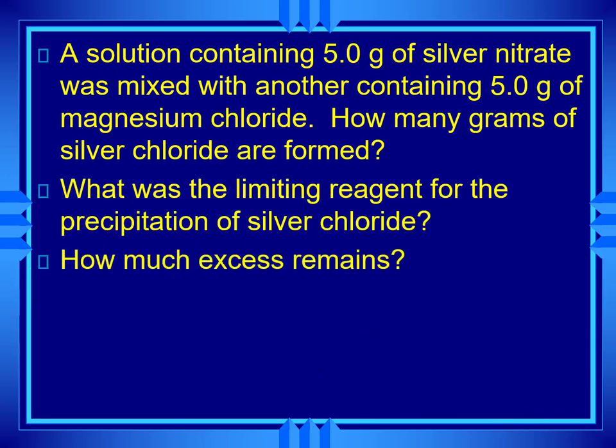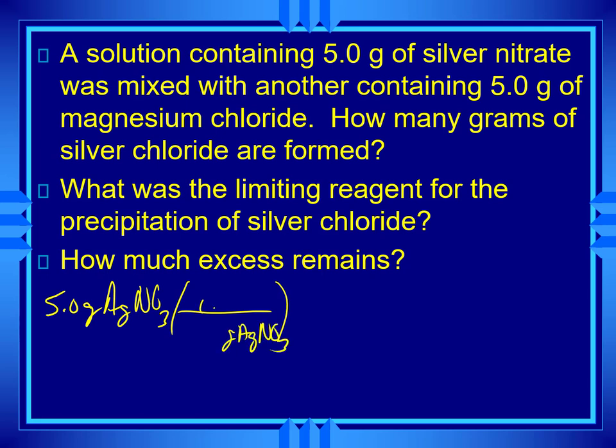How much excess remains? So I'm going to start with the 5 grams. We decided it was the silver nitrate, right? Yes. Was our limiting reagent. And that was what, 169.88?